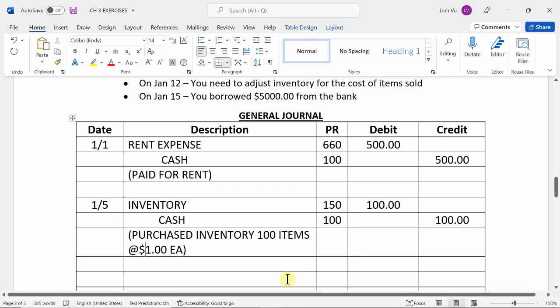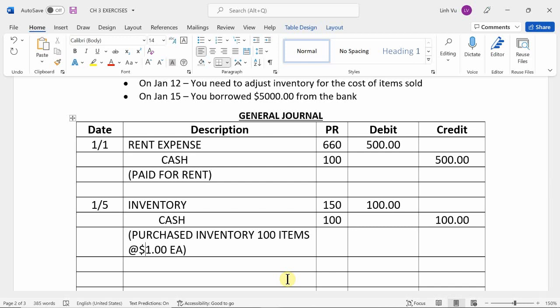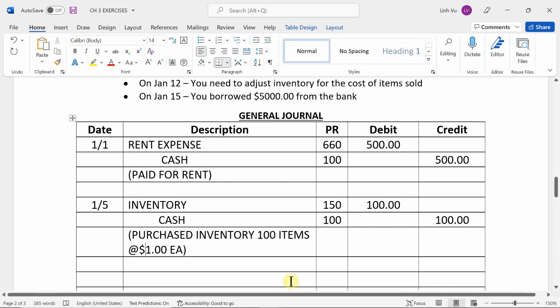That would be a perfect description of why you spent $100 for inventory, because when I look at this, I know that I purchased 100 items.